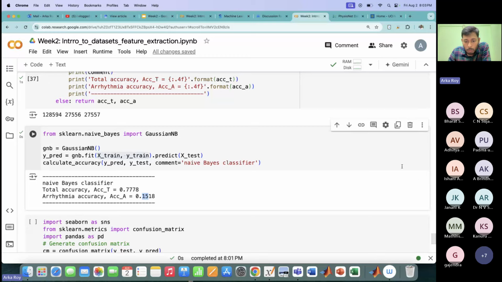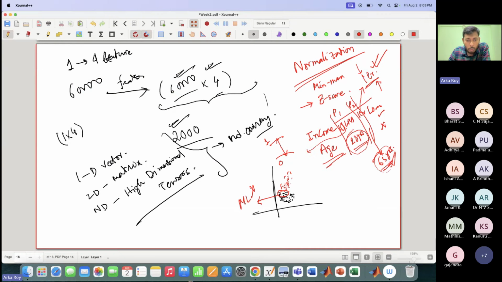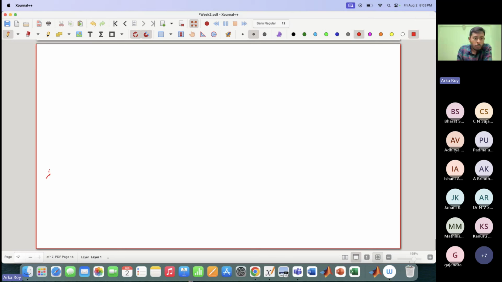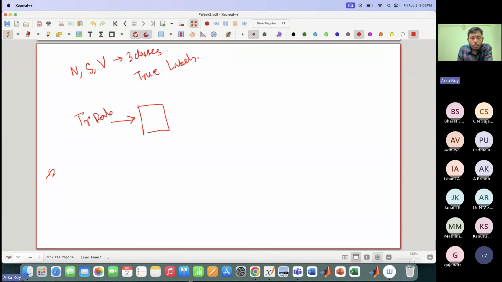Okay, so if I just show it here, you are classifying normal, supraventricular, and ventricular. You have 3 classes. These are the true classes, I mean true labels. You have the training data.